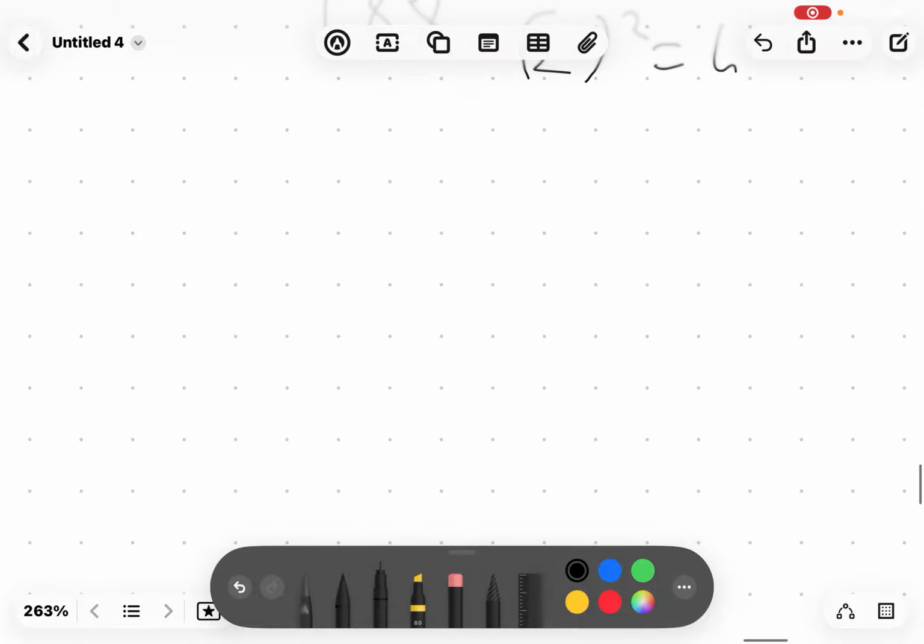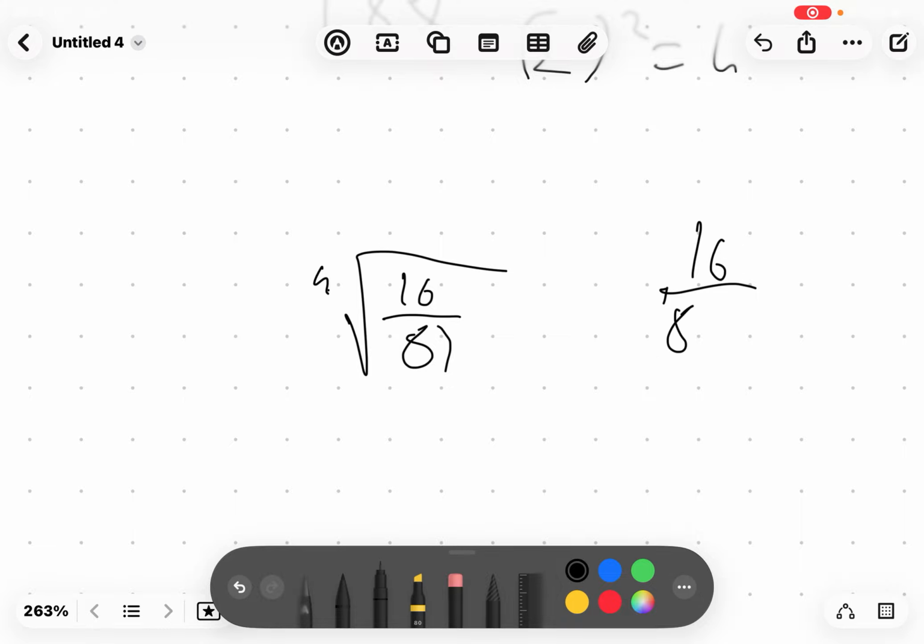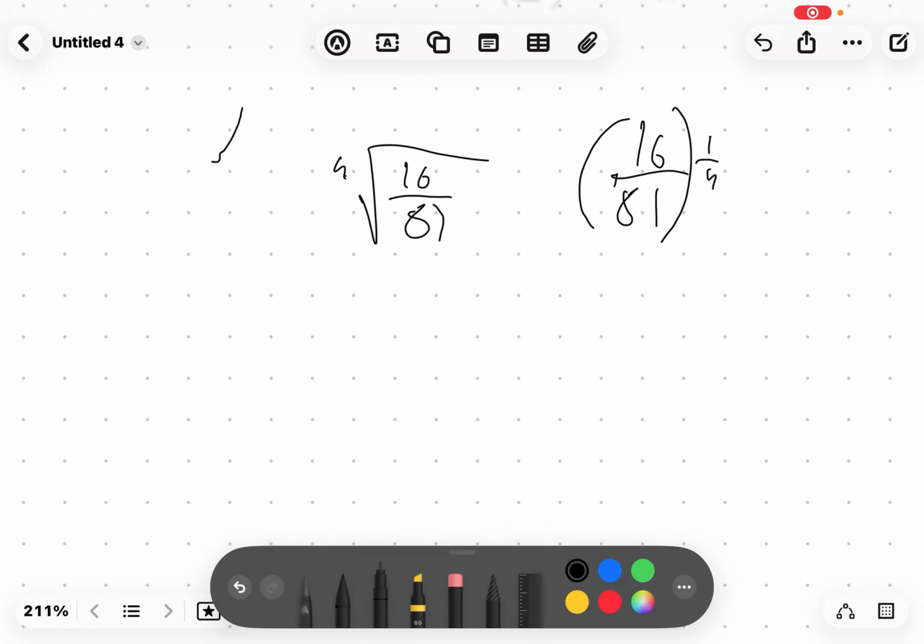Now let's say we have something like this. In this case, this is equal to 81 to the 1 over 4, like this, and then you open the brackets, and when you open the brackets it goes like this, 4th root of 81 over the 4th root of 16, and the same thing, what number makes 16 when you times it by itself?